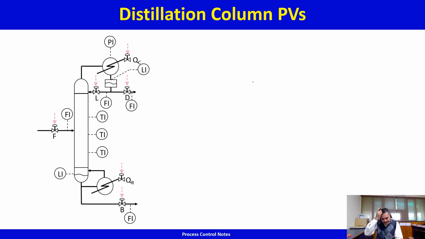Now let's look at a distillation column. This will take some time, so bear with me. You got flow going in, you got sensors, temperature sensors on the various trays telling you the temperature on that tray. Look at the valves.